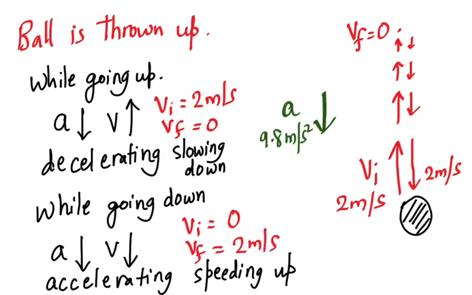While coming down, Vi is equal to 0 because it starts from rest, and Vf is also 2 meter per second, but because it's downwards, we will put it as negative. For the downwards journey, Vi is 0 and it's going downwards. So now the direction is down, so Vf will be negative 2 meter per second.